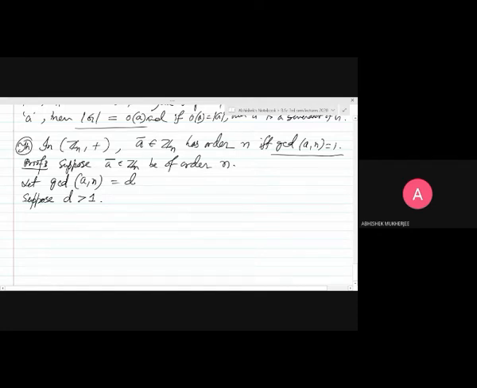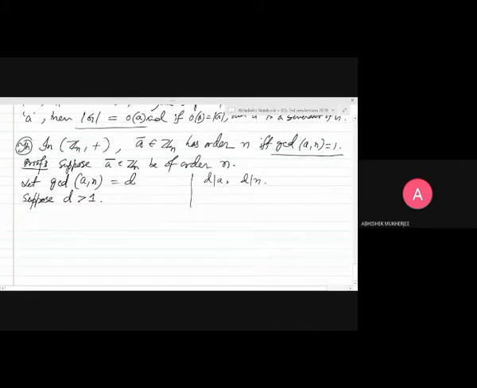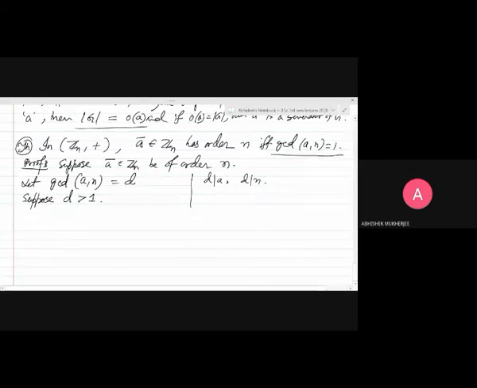Now, since GCD of a comma n is d, d divides a and d divides n, right?